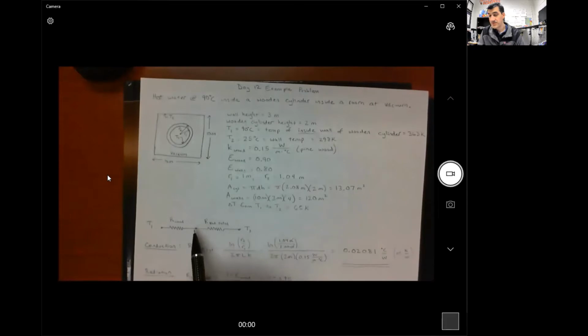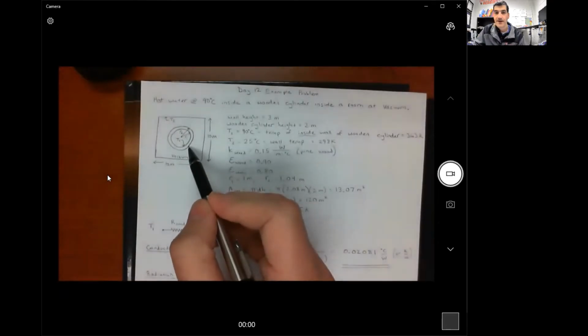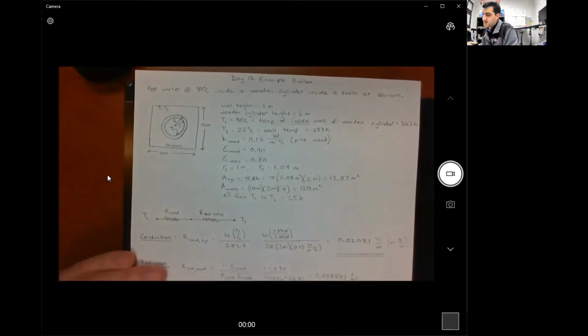There's a problem calculating this because we don't know the temperature of the body that is doing the radiating. That is the outside temperature of the barrel. So we have to do a little bit of an iterative or guess and check method. And we'll talk through that in just a couple of minutes. All right. But first, let's calculate what we can.